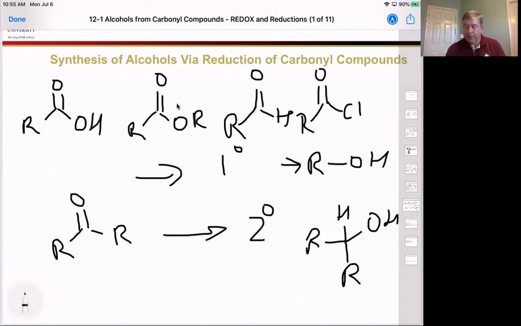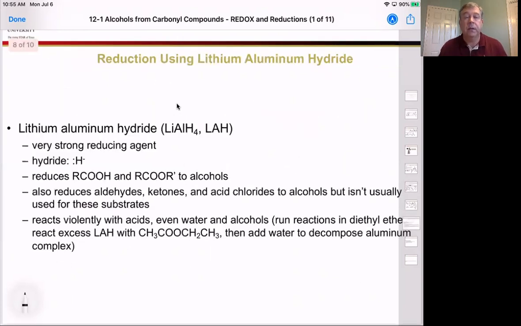Okay, now that we're looking at reducing these carbonyl compounds, let's talk about the different reagents we can use for this. The first reagent we're going to talk about is lithium aluminum hydride. Okay, this is a very strong reducing agent, and the active species is the hydride, which is a hydrogen with a -1 charge.